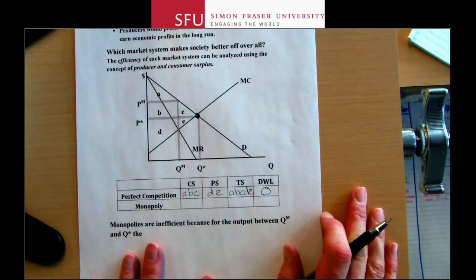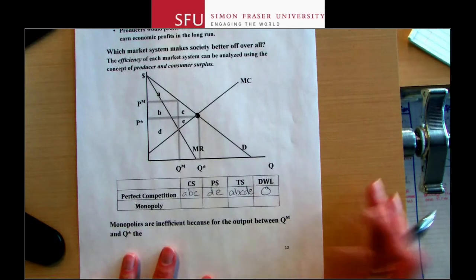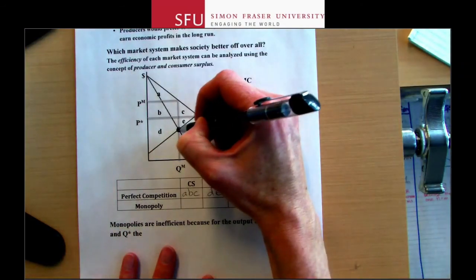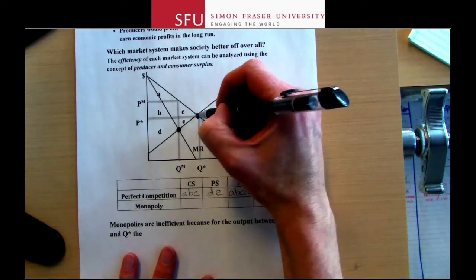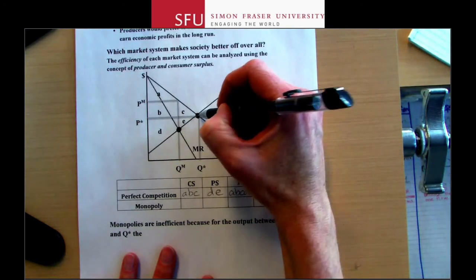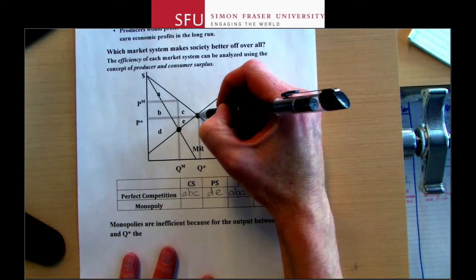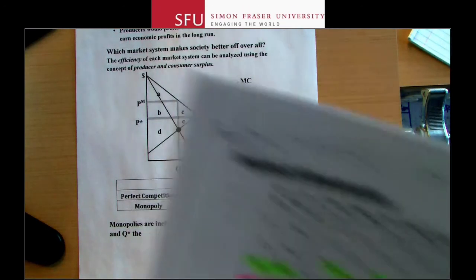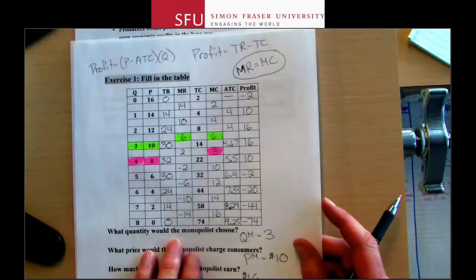But with a monopolist, they choose the quantity here. Now, why do they do that? Why do they not produce at this point? There would be smaller profits at this point, right? And we can see that with exercise 1 on page 9.